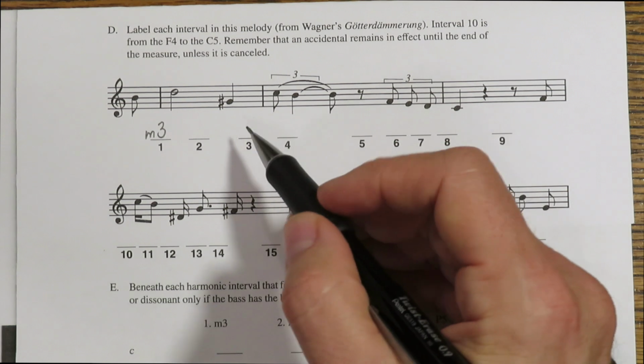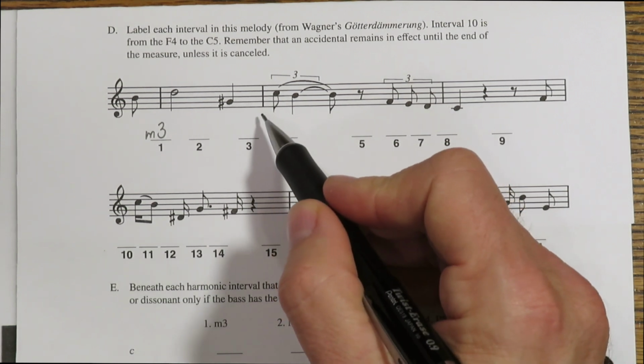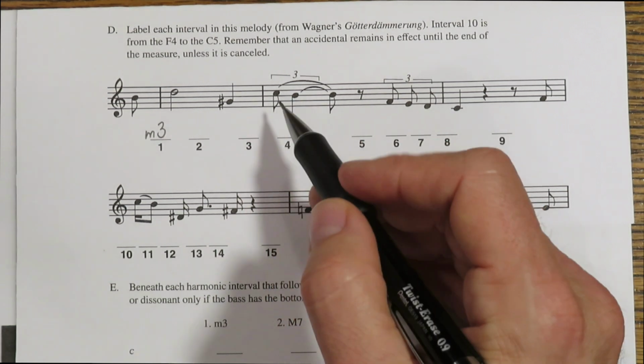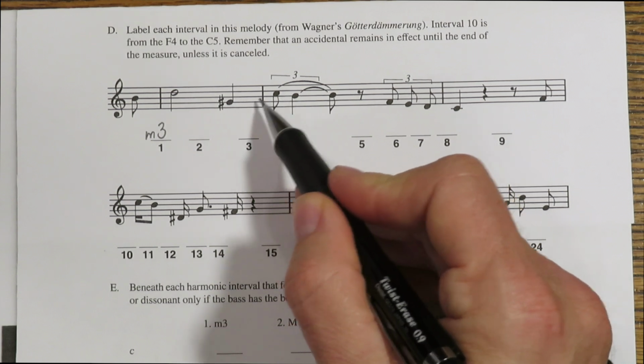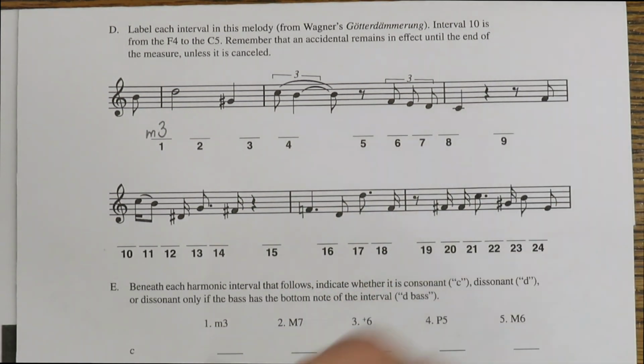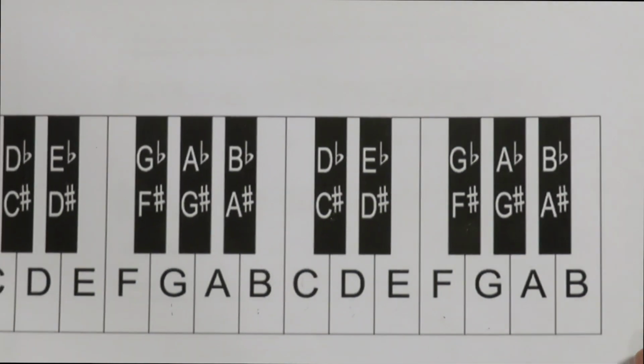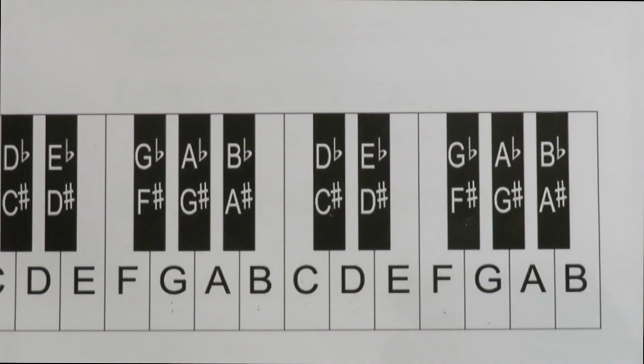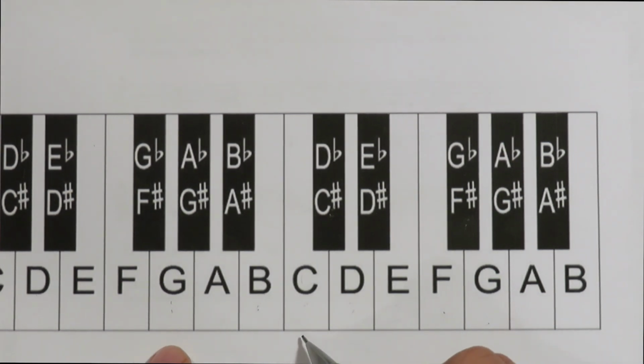And here we go. G sharp to C. So we know G to C is some kind of fourth, right? We just need to figure out what kind of fourth it is. So let's look at that. G to C. That is a perfect fourth. It's part of the major scale and the minor, right?